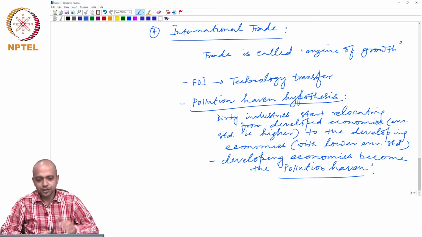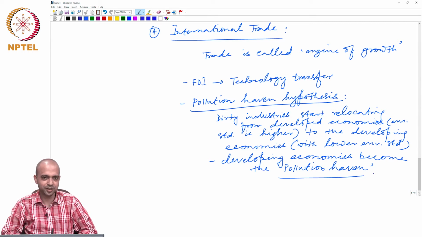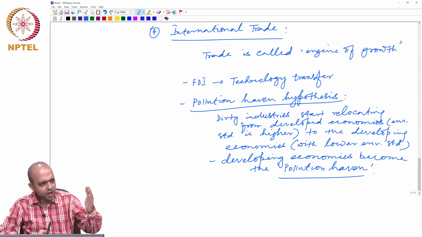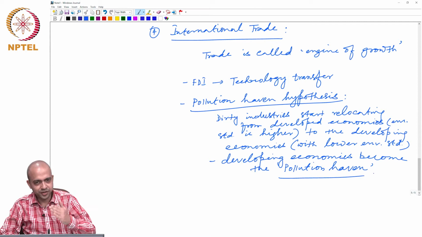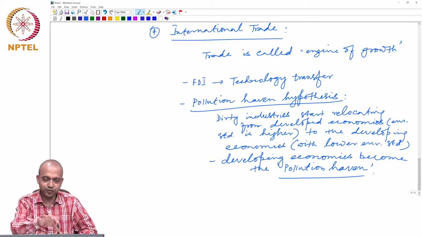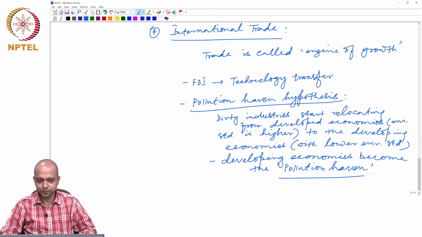Okay. So this pollution haven hypothesis can also explain how at a higher level of income pollution comes down for the high income economies, right. So these are the different channels, the different explanations given for the environmental Kuznets curve.